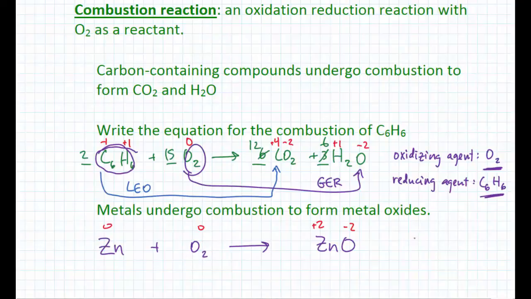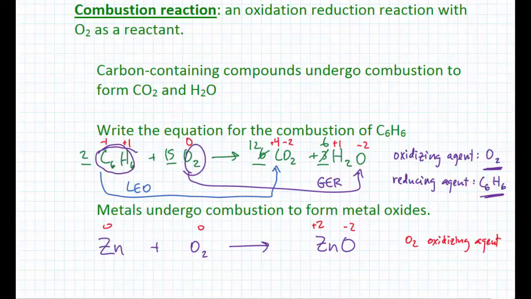So again, O2 is the oxidizing agent. Oxygen is an oxidizing agent. Chlorine is a common oxidizing agent. I think I mentioned last time the reason you can put bleach in your laundry or in your pool or something like that is because it causes the other contaminants to become oxidized. Okay? So that's how all that works.